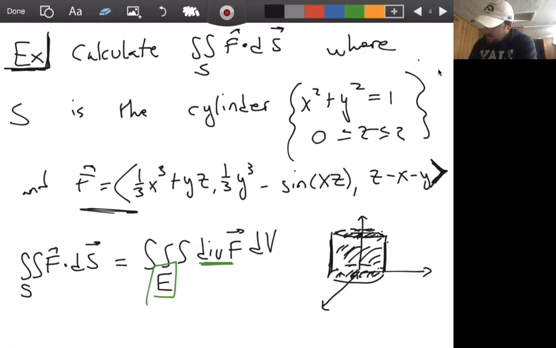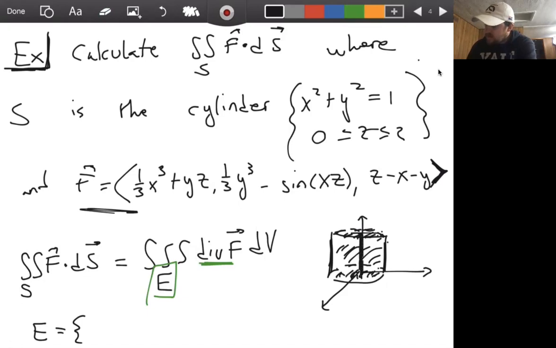Well, this is a cylinder, so it would make sense that we set this region up in cylindrical coordinates. E is the solid cylinder. We have x squared plus y squared equals 1, and we want everything, including the interior.